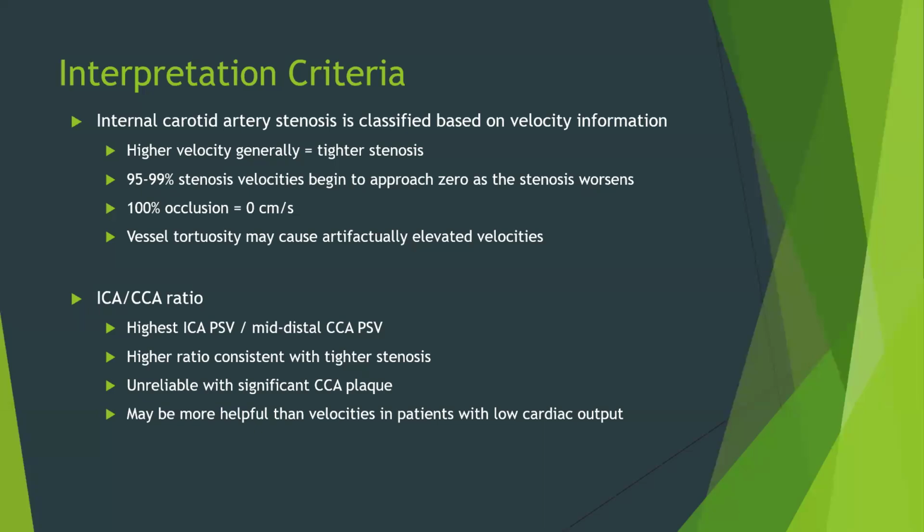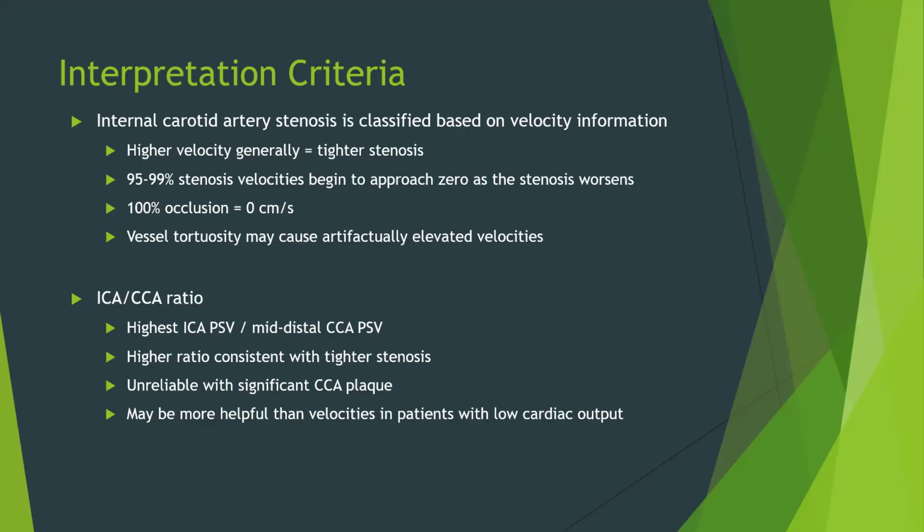The ratio may be more helpful than velocities in patients with low cardiac output. If we're getting low velocities going into the common carotid artery, we're going to still have low velocities into the ICA. So if we're at 20 centimeters per second in the common carotid artery and 100 centimeters per second in the ICA, we have a ratio of 5.0.